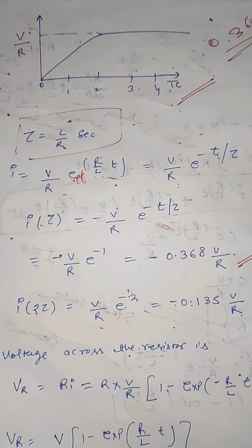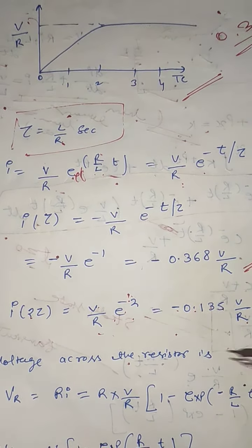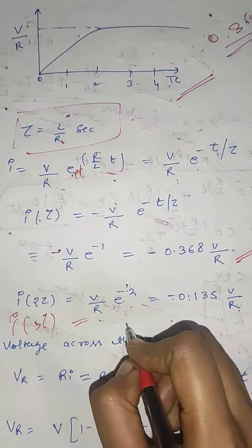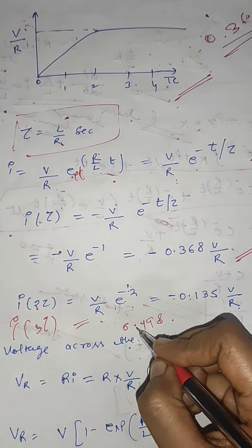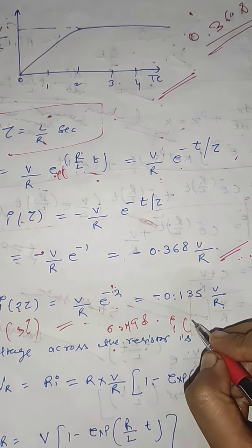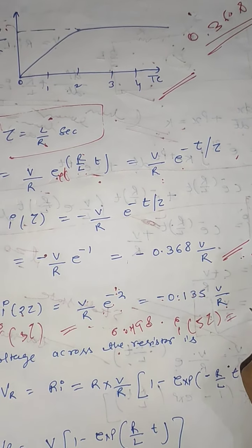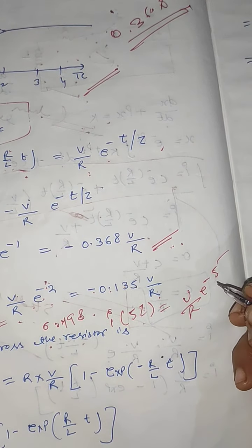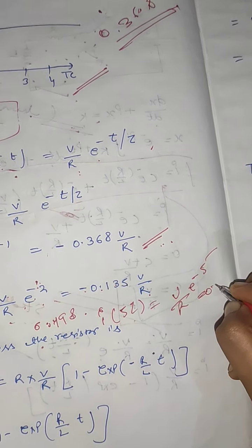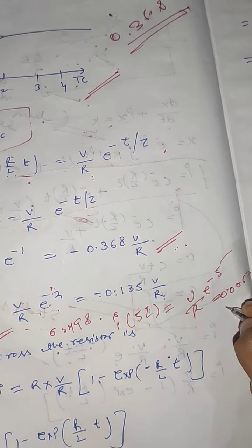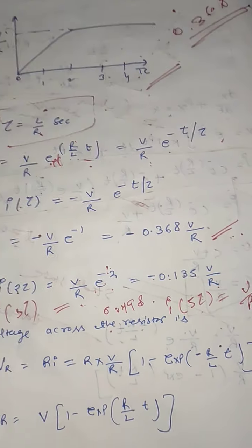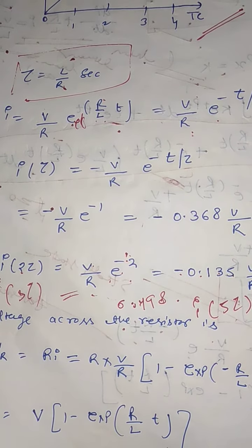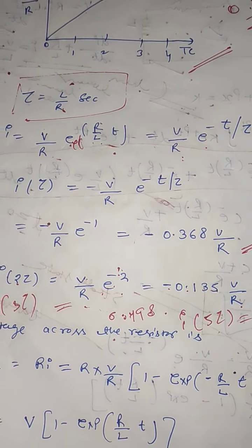And then next is at 3 tau, where the value is 0.05, and at 5 tau, V upon R e to the power minus 5, the value is 0.0067 V upon R. So the transient part reaches more than 99% of the final value.